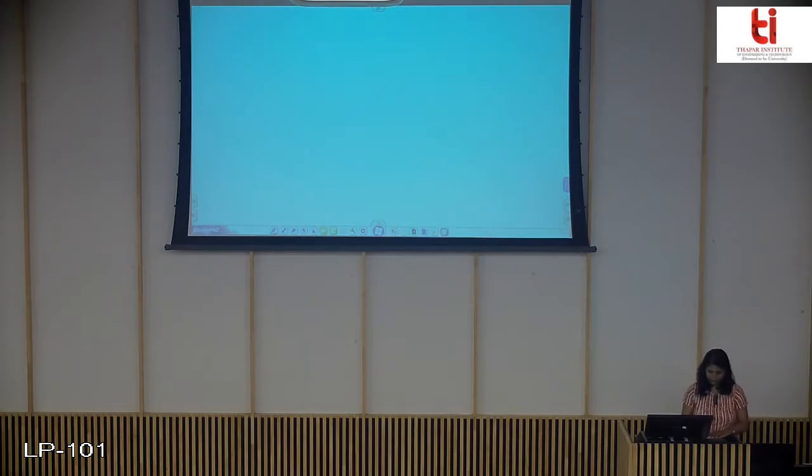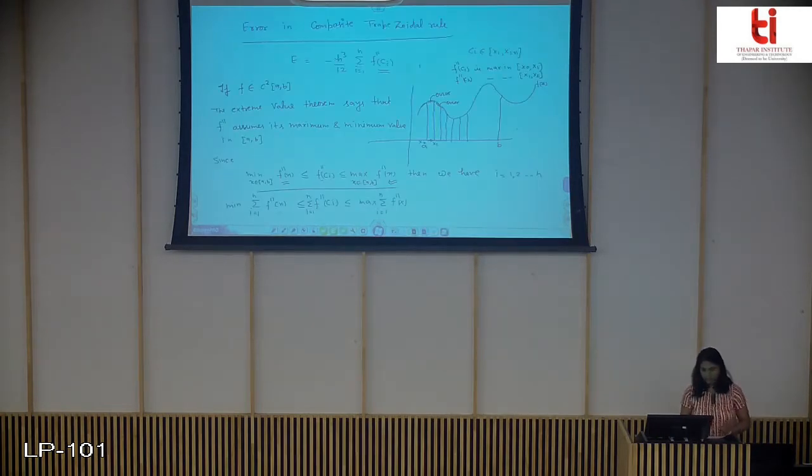Now this minimum value occurs only once, so we add the minimum value n times. Suppose the minimum value of f double dash x is some number. Then we add it n times. So what we are getting is n times the minimum of f double dash x, x belonging to a to b.